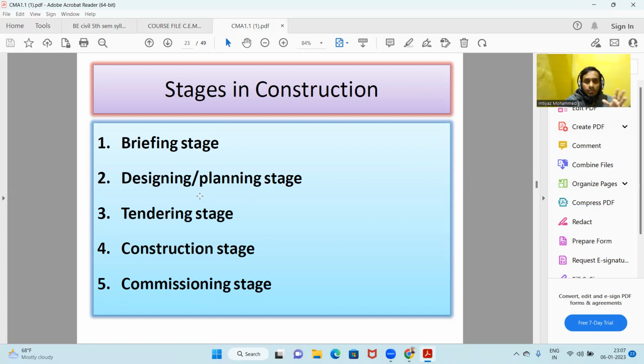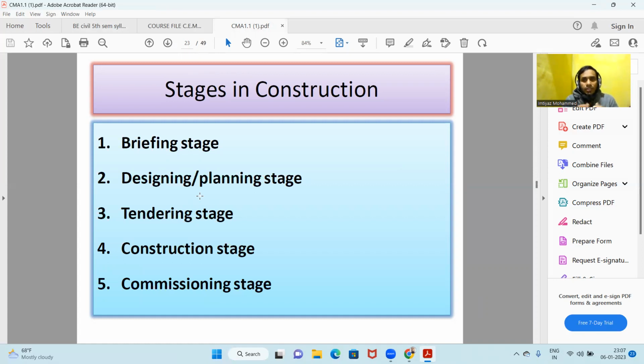Briefing stage is generally the stage where we discuss the plan. We come up with a brainstorming session, where we discuss the various ideas of construction. In the designing or planning stage, we have the actual work plan, the drawings, the different plans, and then we go ahead with a particular plan.